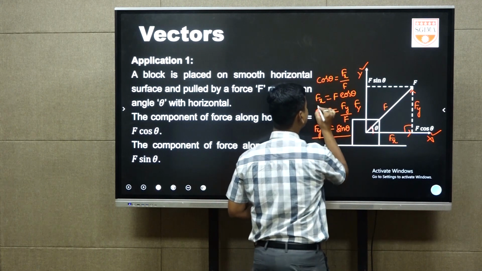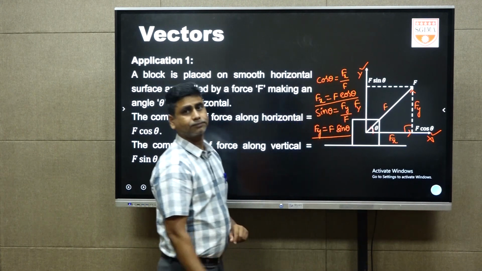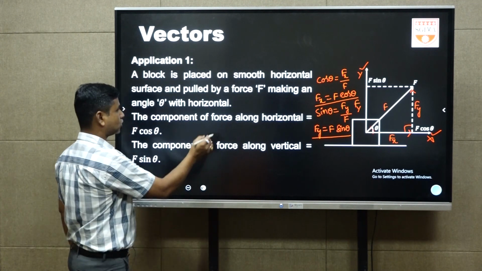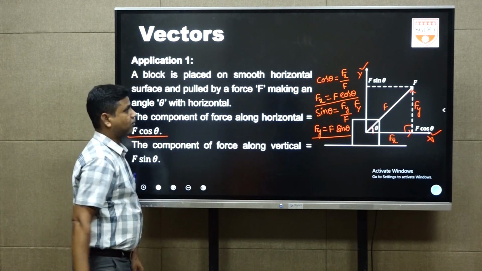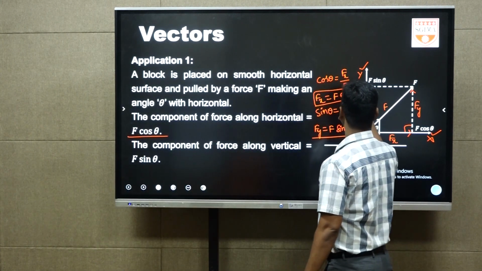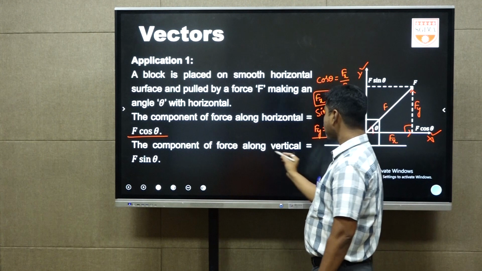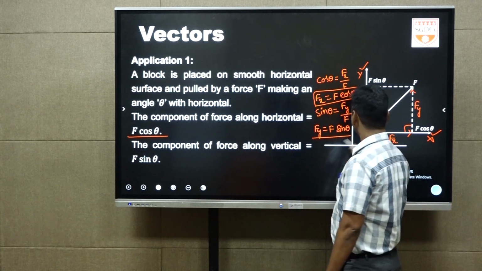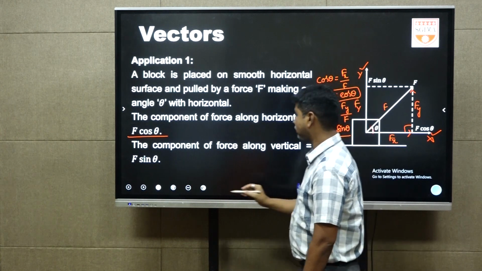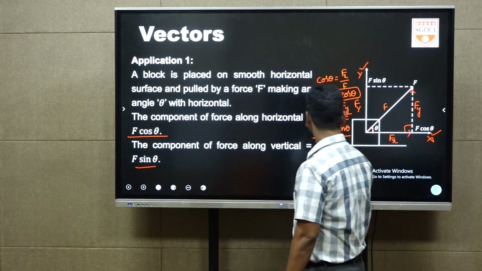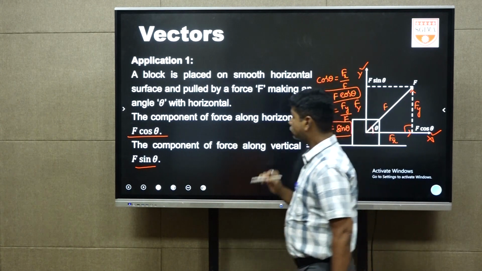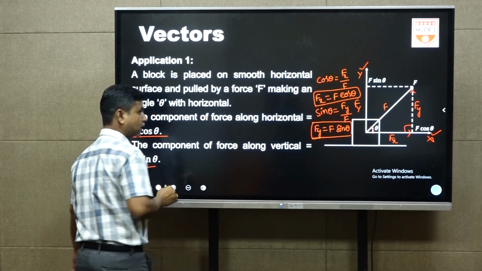This is the vertical component, and that is the horizontal component. The component of force along the horizontal is F cos theta, and the component of force along the vertical, or y direction, is F sin theta. That is one of the applications.